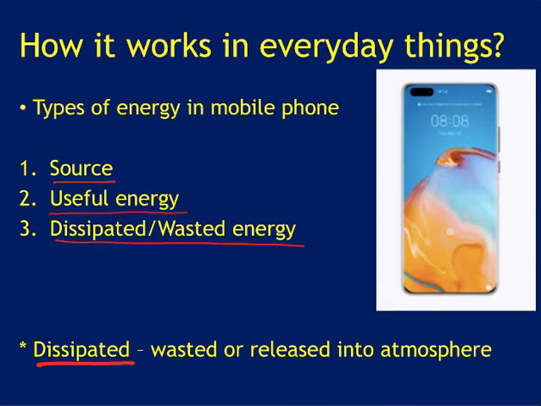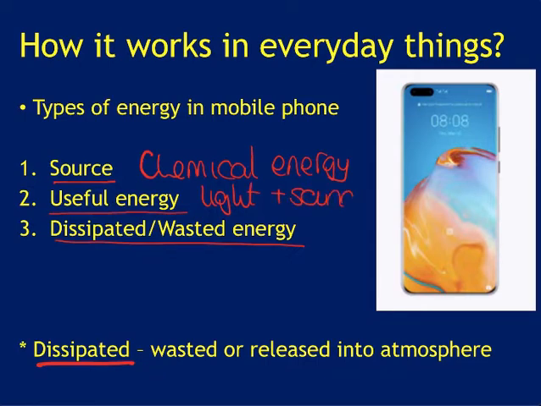So if we look at our mobile phone and we look in terms of the source of energy, well, the source of energy is a battery, and we've said for our batteries that is chemical energy. So that's the stored energy that's in there. Now, what is the useful energy that we want to get from phones? Well, we definitely want light, and we definitely want sound energy, because we'd like to see it and hear it, because that's what we use it for.